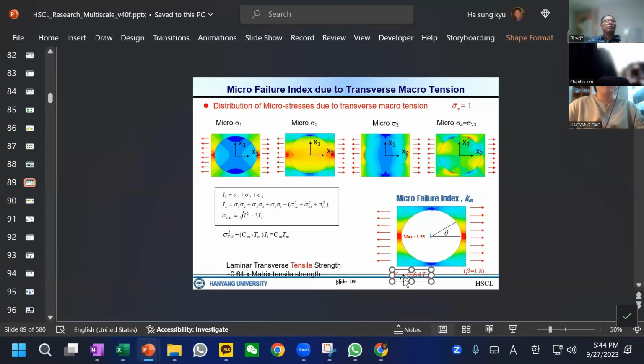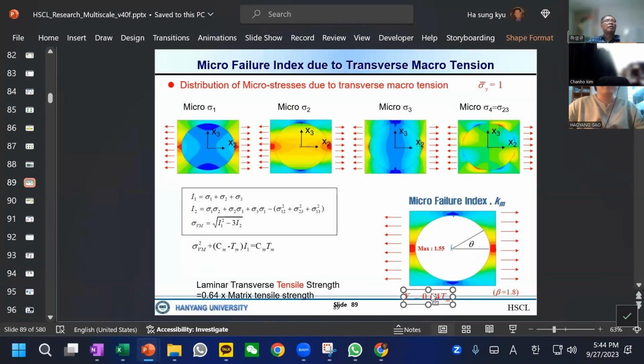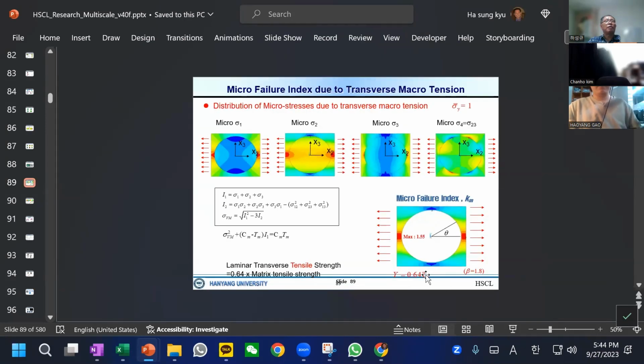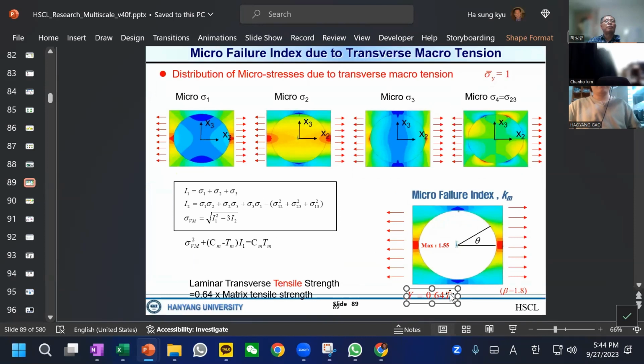Usually, not always, as I said, the pure resin tensile strength is Tm, and the transverse strength is Y. As I said, there can be a stress concentration. So for the composite, the transverse strength can decrease compared to the resin, but how much?